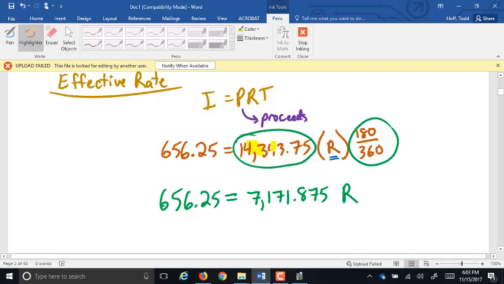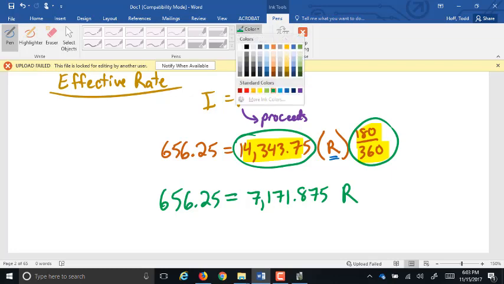Double check me, I did that in my head. 0.875, okay, thank you. So now we need to solve this by dividing. You are correct.